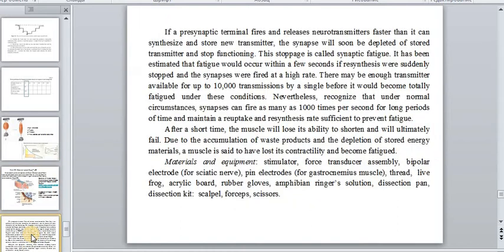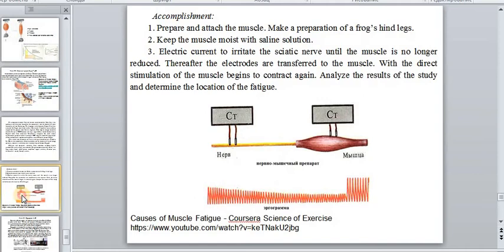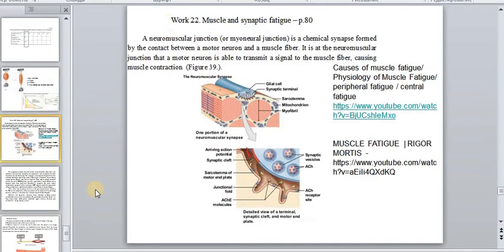We have work next, I found this slide: Muscle and synaptic fatigue on page 80. I will leave links and you read the description of this work.